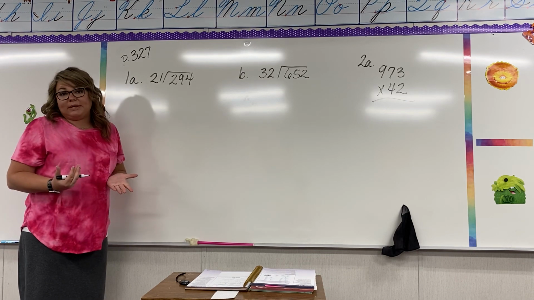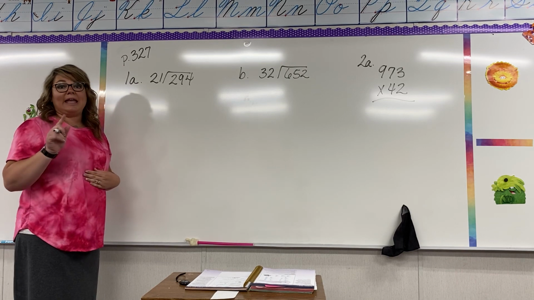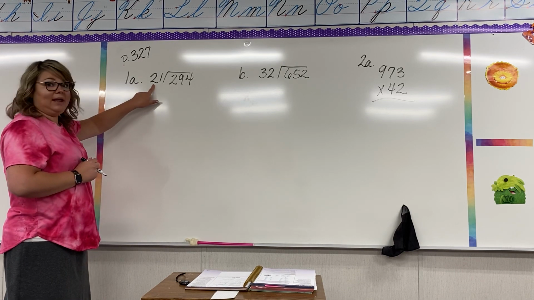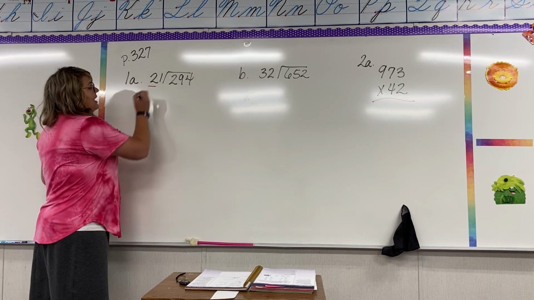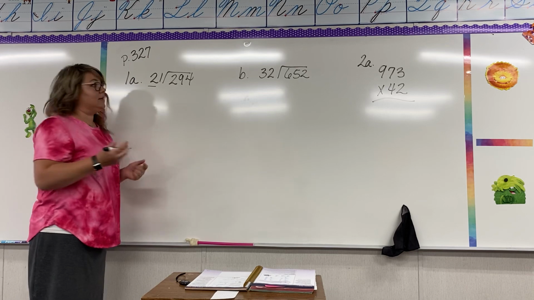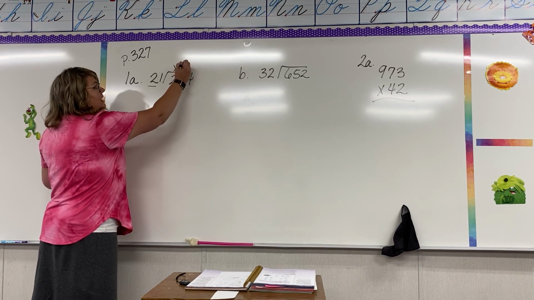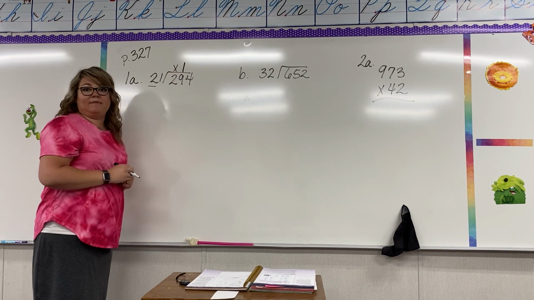Now remember, we don't know our 21 times tables, but we can estimate. So we're going to look at this 2 right here and then ask how many times can 2 go into 2? And we know that 2 can go into 2 one time, but remember we have to put our X here and then our 1 right here above the 9.